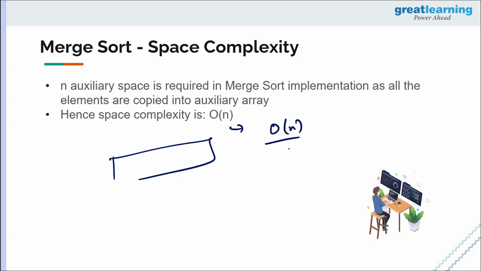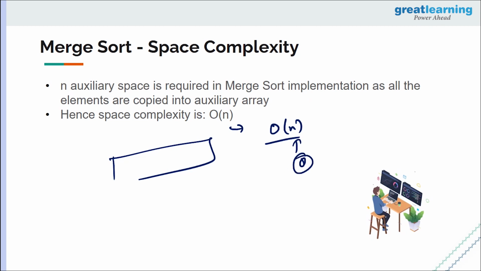All the n elements are stored, because in the last step we are using an auxiliary memory wherein we are storing all the 8 elements. So we are copying our elements into an auxiliary memory where, in the worst case, the space that we require is n, the number of elements. In this case, we require 8 memory spaces, right?